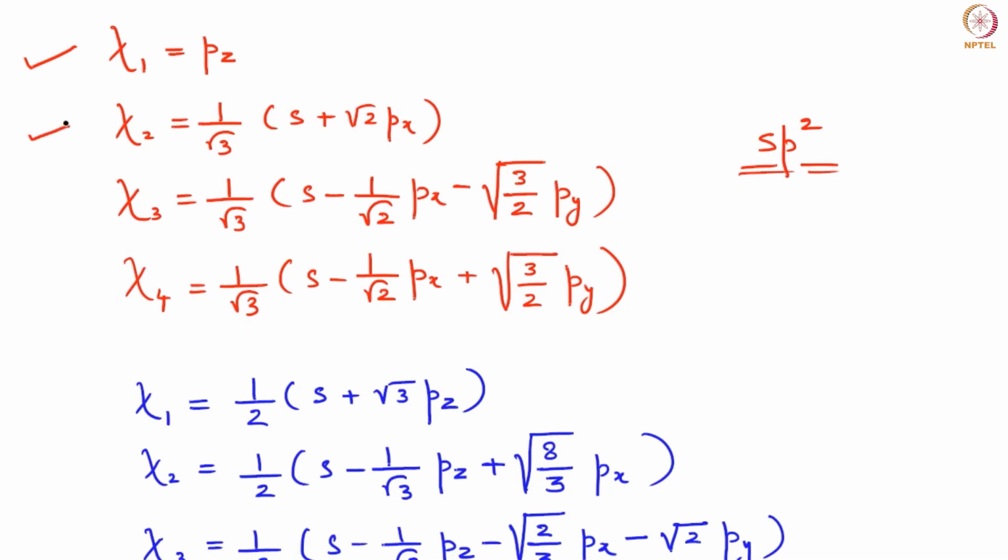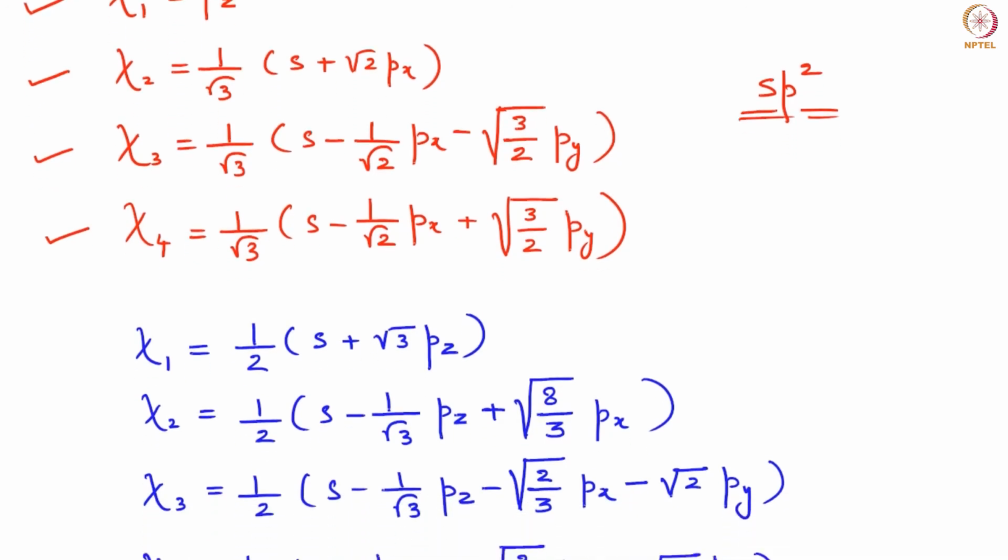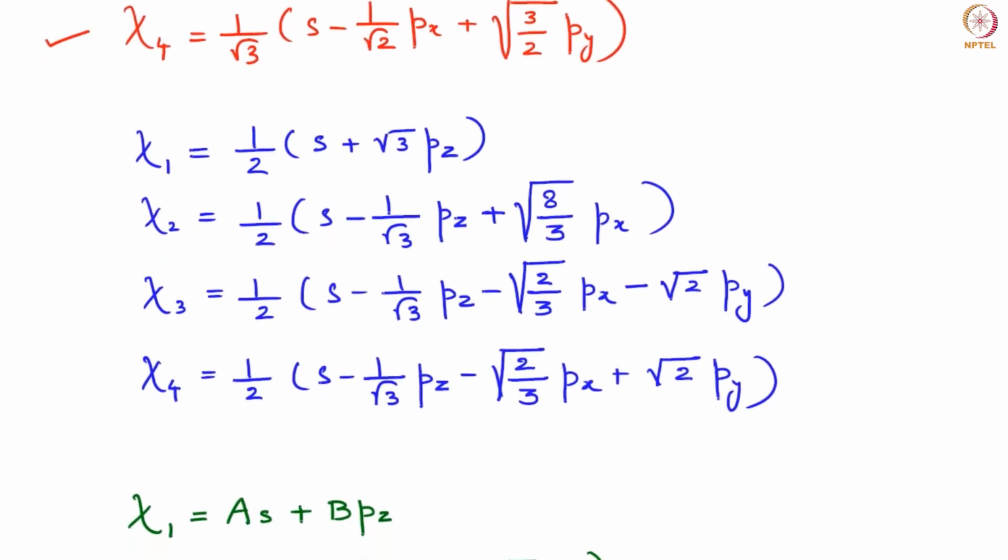But the expressions for chi2, chi3 and chi4 are the ones calculated using computational methods. Now the expressions for sp3 type orbitals. Because all four orbitals are hybridized, you also have a different expression for chi1. So this is the case for sp3 type orbitals.